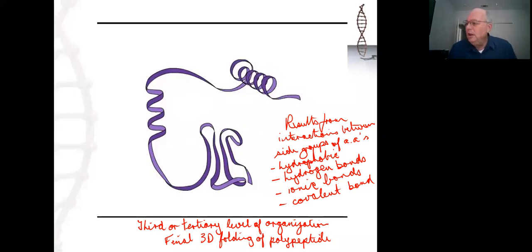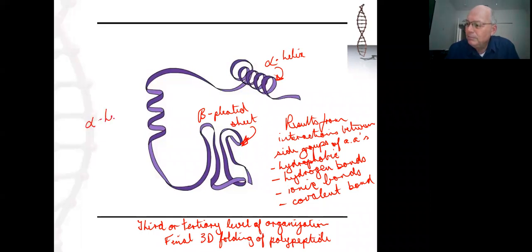So you can see here alpha helices. So this is an alpha helix. And this is a beta pleated sheet. And this polypeptide, this is another alpha helix. In case you just didn't realize that.